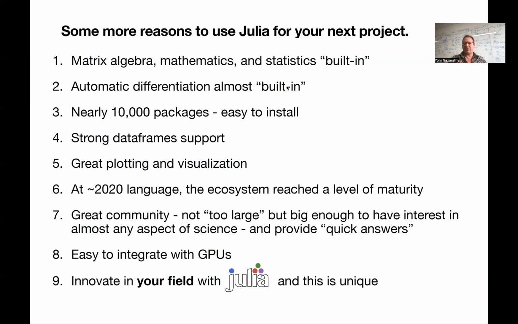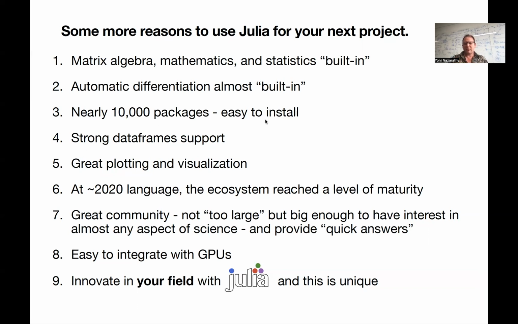There are plugin packages, but these packages interface with the Julia compiler in an efficient way. So Julia is an advanced language for automatic differentiation. That automatic differentiation is what's used in backpropagation and deep learning, but it's used way beyond that in many areas of scientific computing. If you want to take a derivative of something, it is there.